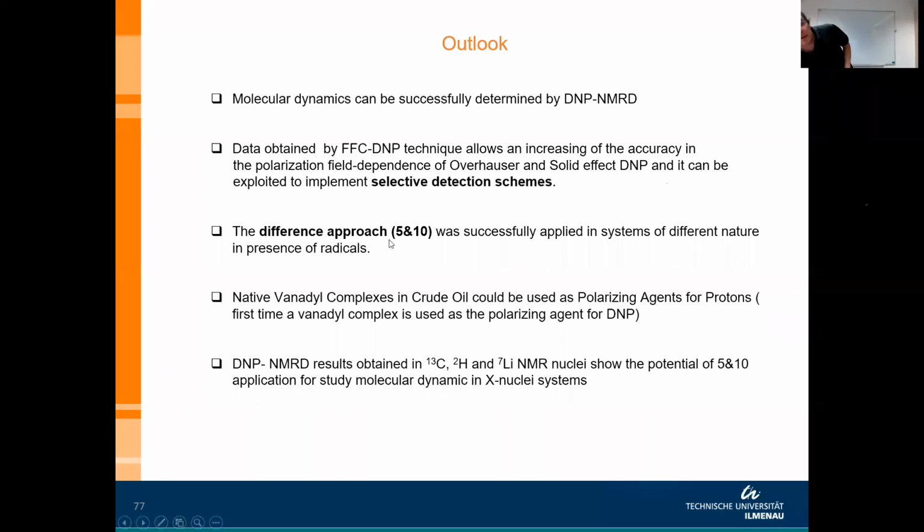And the difference approach, the 5 and 9, was applied in several systems, and it's working quite well. Also in crude oils, we show that the native vanadyl complexes are acting as a polarizing agent for protons in these oils. And last, we see the potential of the use of 5 and 9 in X nuclei, and the possibility of seeing these X nuclei in field cycling.